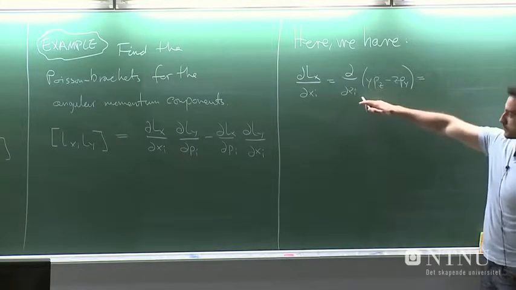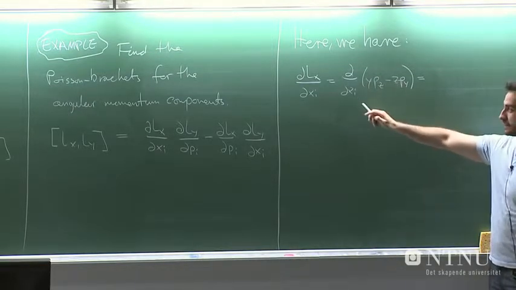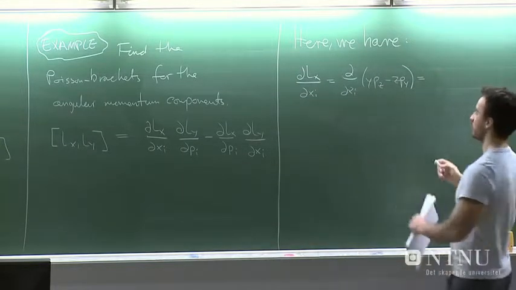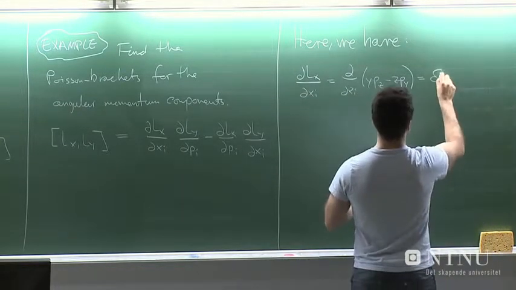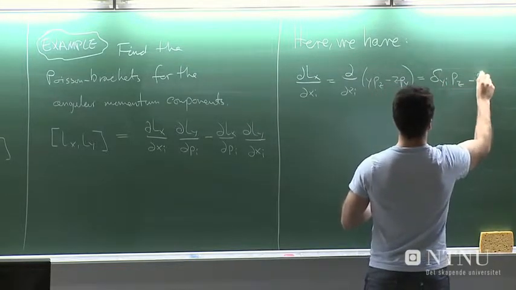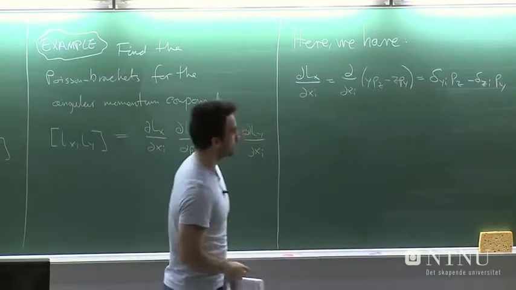So the only contribution to the partial derivative here comes from y and z in the case where xi matches this variable. So we get the following.